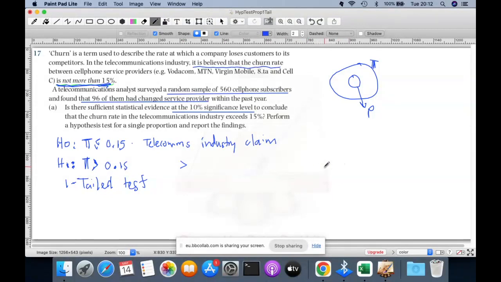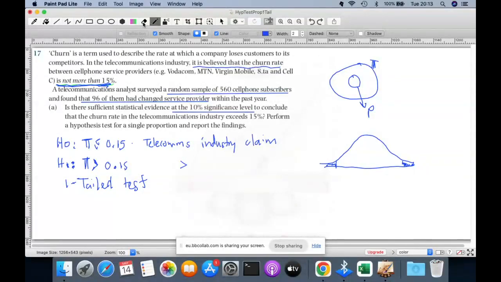So if it's an upper tail test, you expect the rejection region to be on the upper side, which is right. If it's lower, then it would be on the left here. So I treat this sign for H1 as an arrow pointing to where the rejection region is. For me, it's pointing to the right, so that means this is the rejection region.